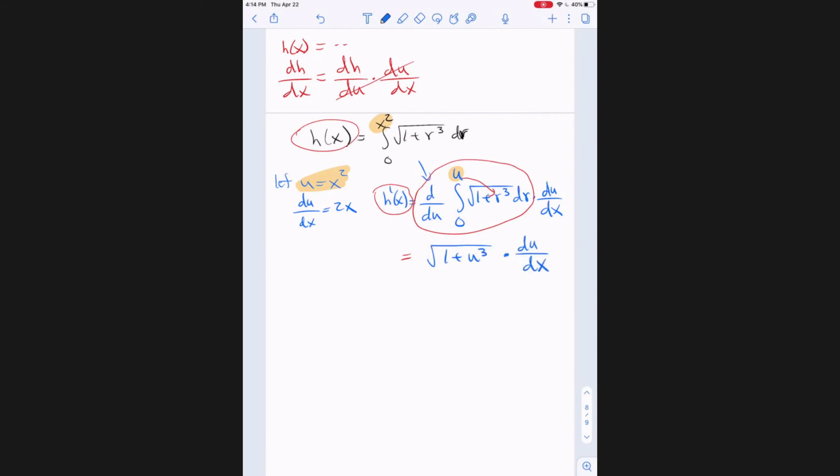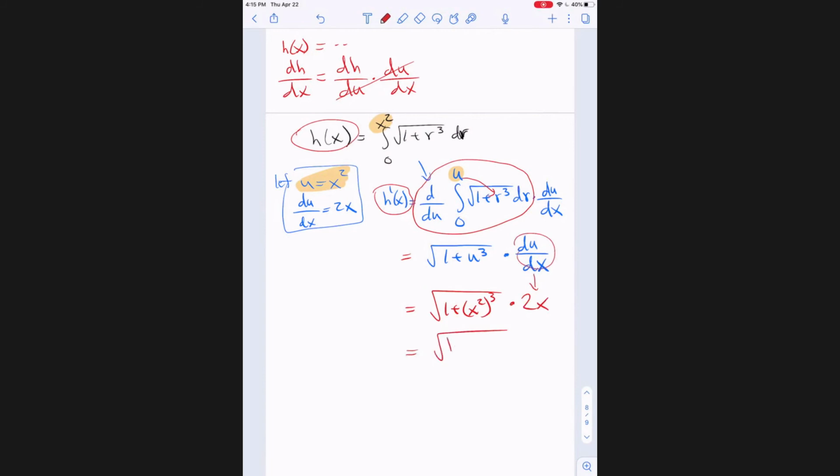What is u and what is du over dx? Well, that's what these guys are for. So you got 1 plus x squared to the third times du over dx, which is 2x.